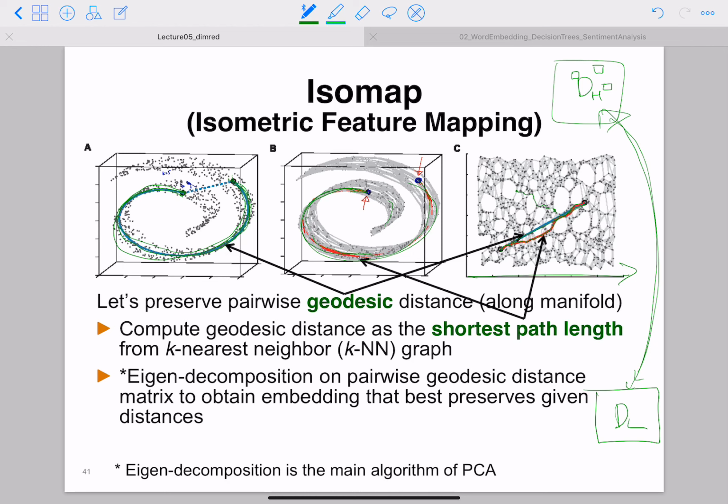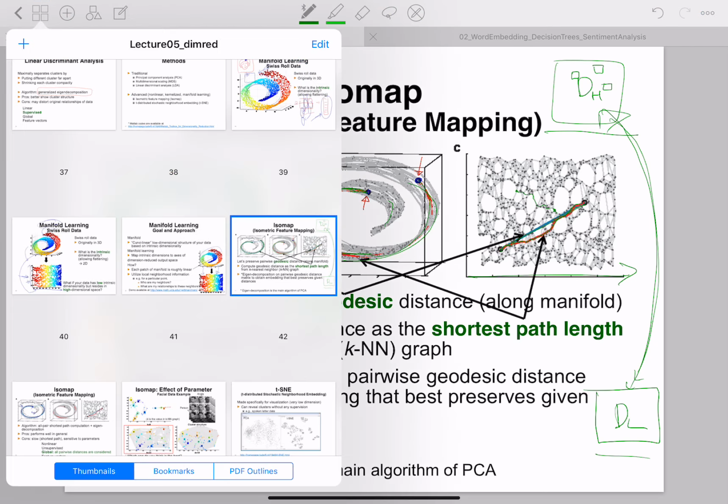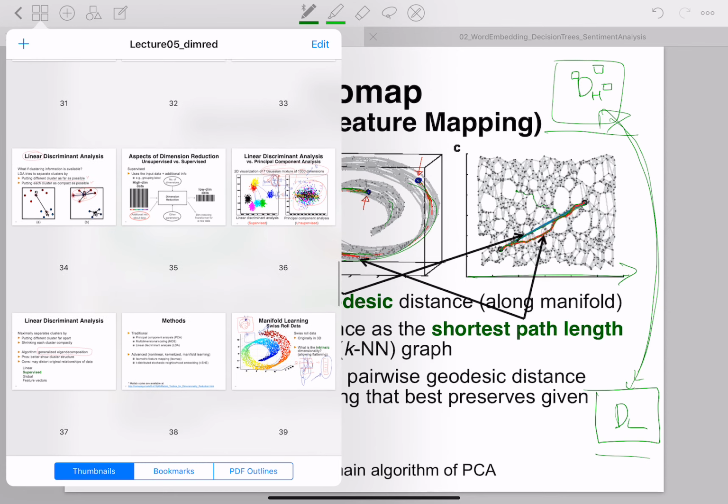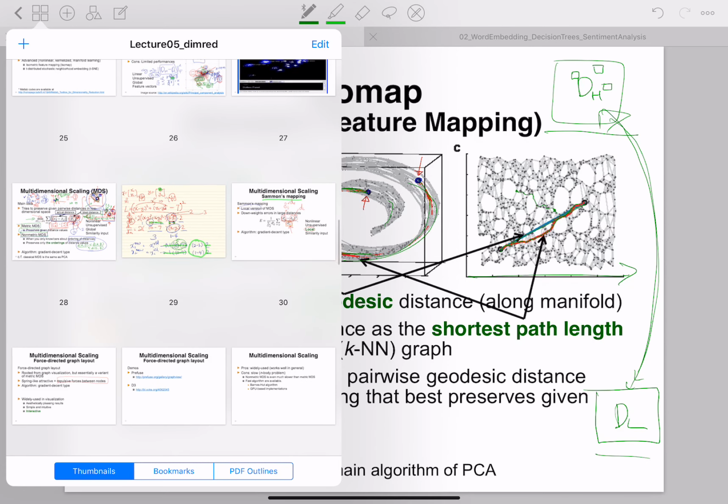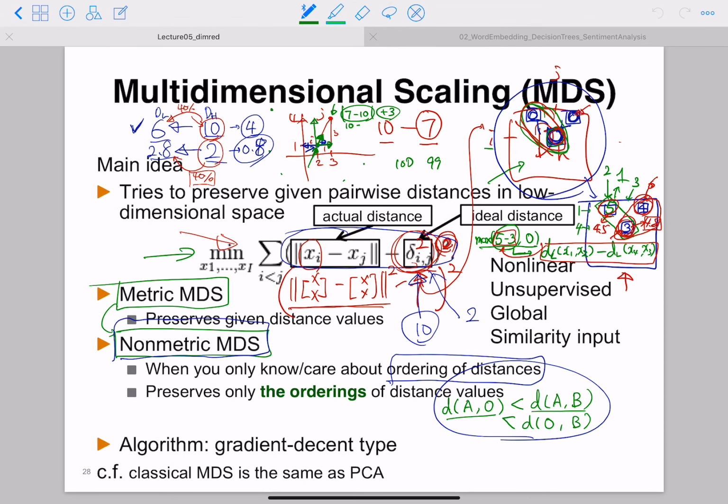So that is called Isomap. In the case of minimizing the difference between the high dimensional and low dimensional space, there are two different ways. The first one is following gradient descent based on this kind of formula, where we randomly initialize their coordinates and do gradient descent.